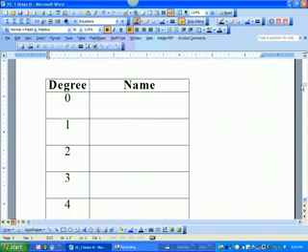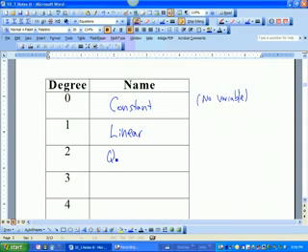Now, classifying polynomials by their degree. Anything to the 0 power, which means no variable, we're going to call a constant, because it would just be a number. Anything that has an exponent of just 1, we'll call linear. From last chapter, anything with 2 we should recognize, and we call that quadratic.